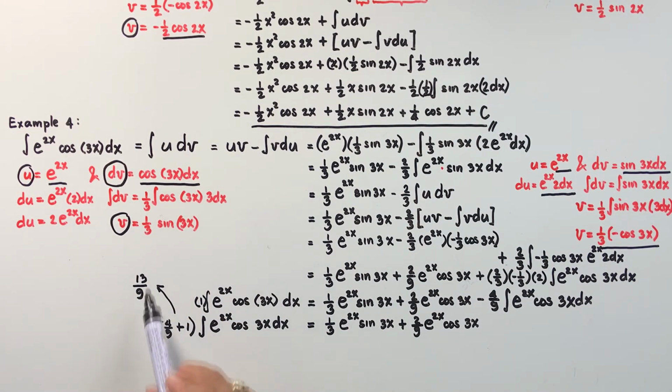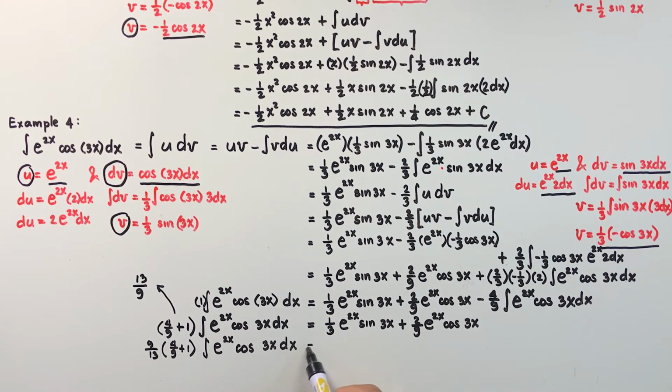So how will you eliminate this 13 over 9? Because the given is only this one. What you will do is to multiply both sides of the equation by 9 over 13. So multiplying 9 over 13 here, we have 9 over 13 times 4 over 9 plus 1 times the integral of e to the power 2x times cosine 3x dx.